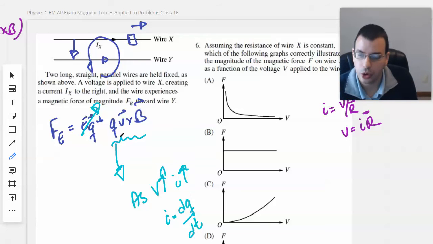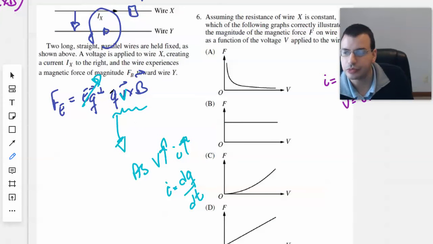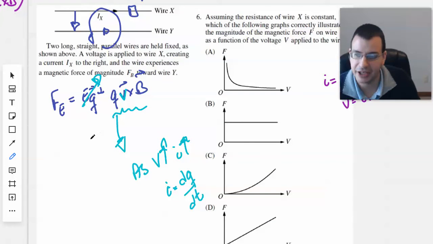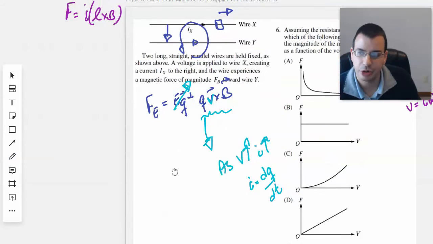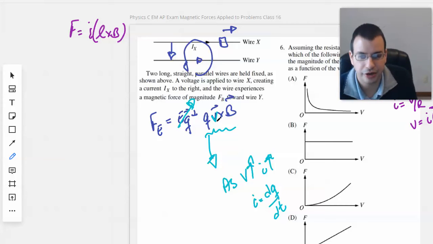So you can think of this as a very similar equation here, because V cross B, since they're parallel, you can think of the velocity here as a distance divided by seconds, and then Q is just a charge.